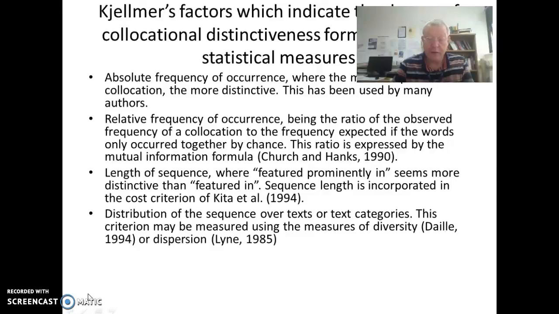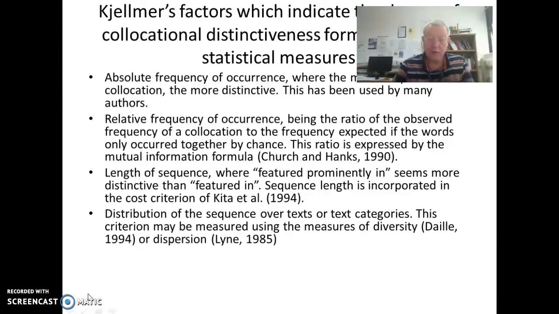Relative frequency of occurrence, being the ratio of the observed frequency of a collocation to the frequency expected if the words occurred together only by chance. This ratio is expressed by the mutual information formula used by Church and Hanks, and which we will study further in the next set of slides.